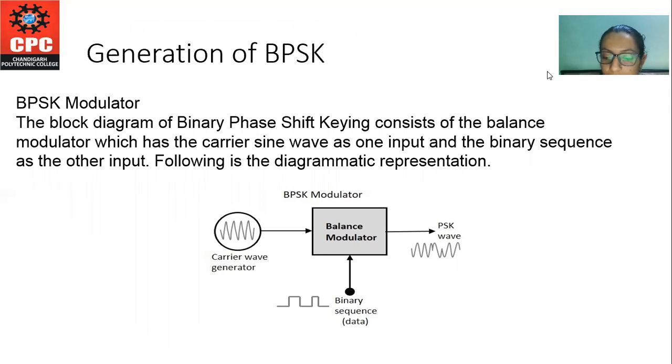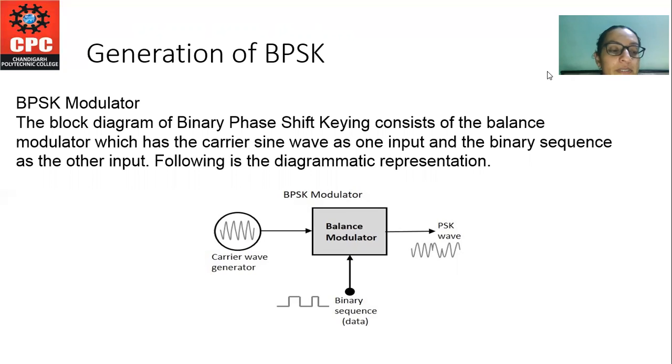So it is generated by using the generation technique of ASK signals. But in the PSK generation, the incoming binary data should be in the polar form. Polar form means the data should be in two levels, that is positive or negative amplitude.